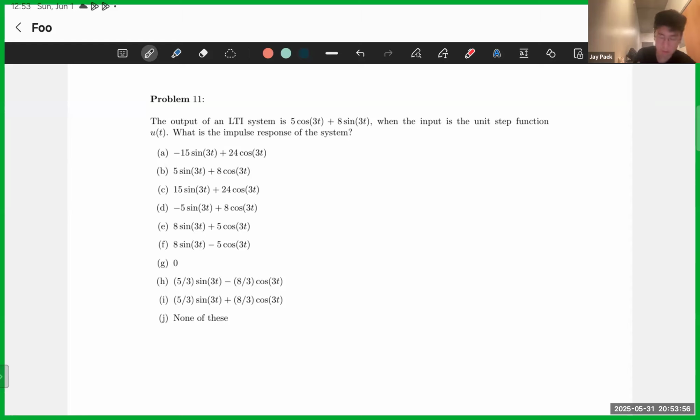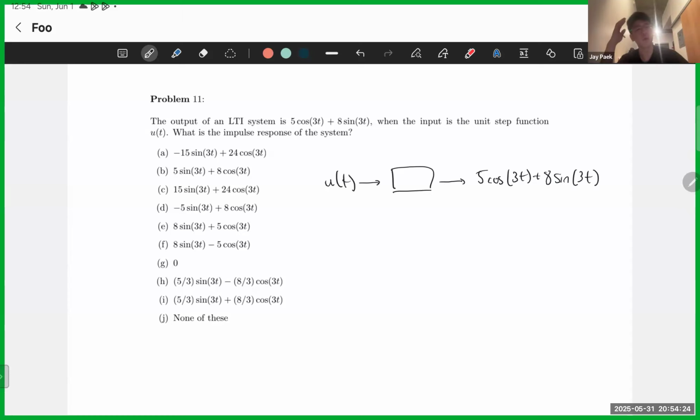Well, my initial gut reaction is, okay, let's actually just draw it out first. Where to start?